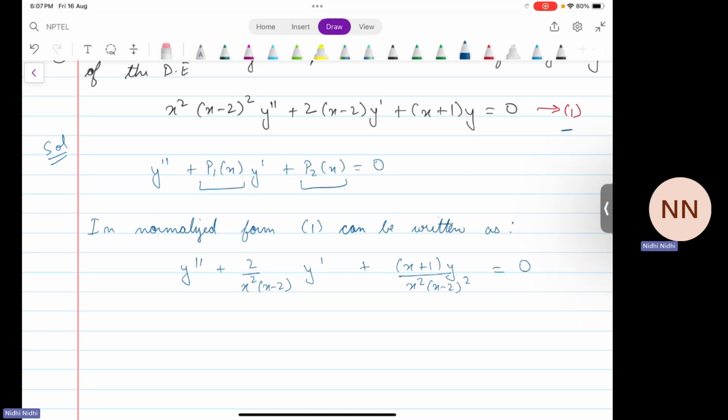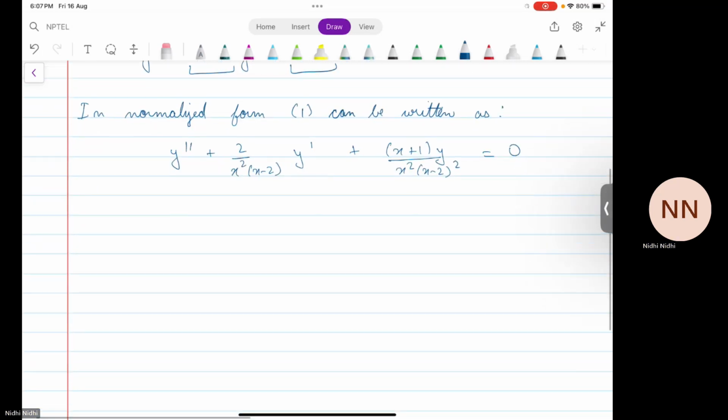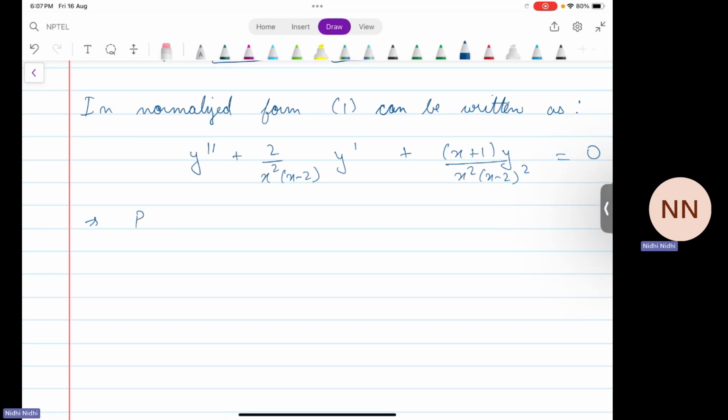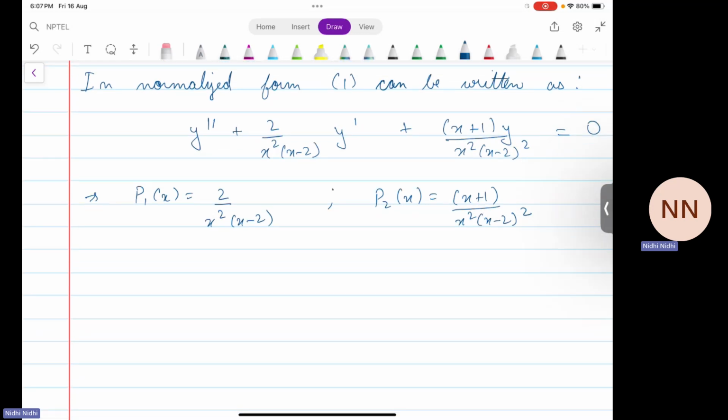So our p1(x) is 2 by x square (x minus 2), and p2(x) is (x plus 1) by x square (x minus 2) square. We know that these two functions are not defined at x equals to 0 and x equals to 2. So the two singular points for our problem are 0 and 2.